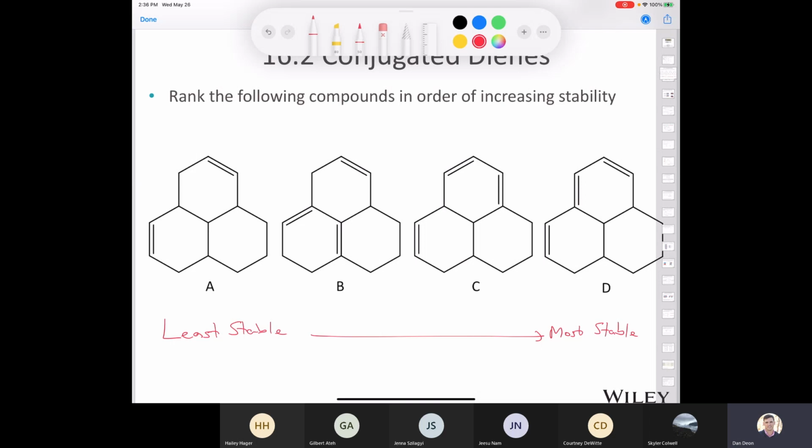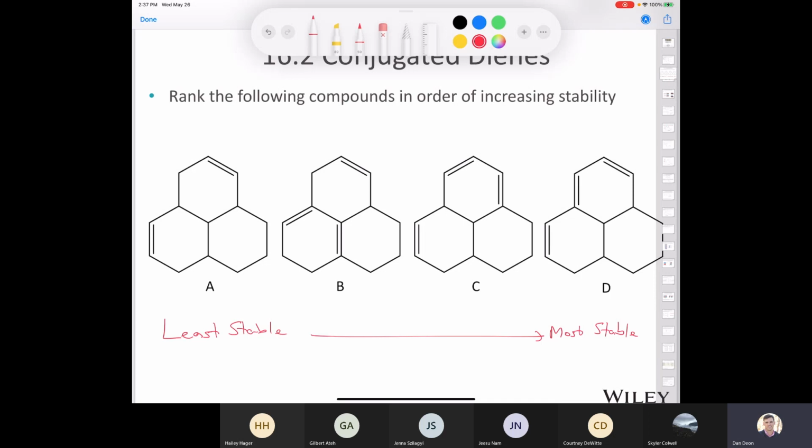Could anybody tell me which one of these would be the most stable compound? Yeah, D is going to be the most stable.